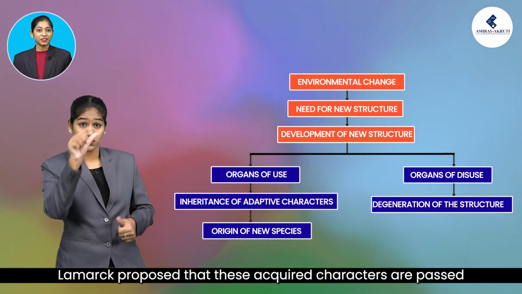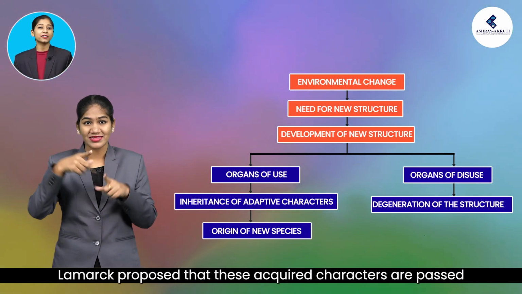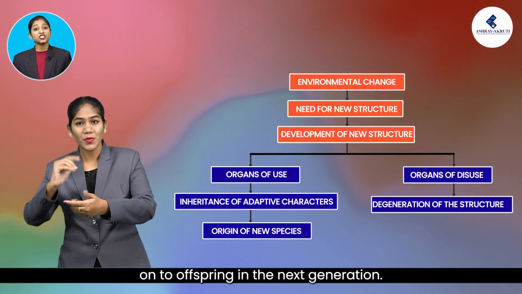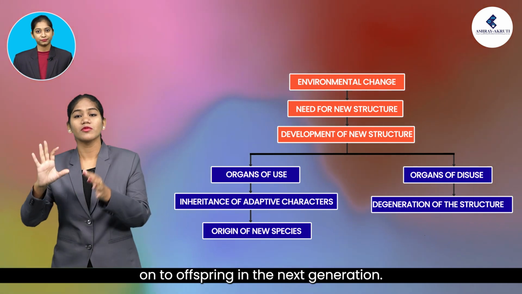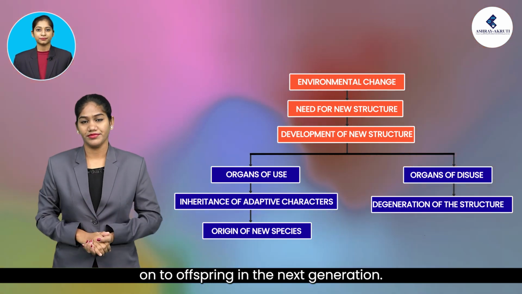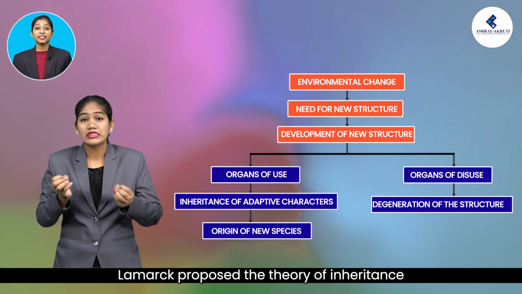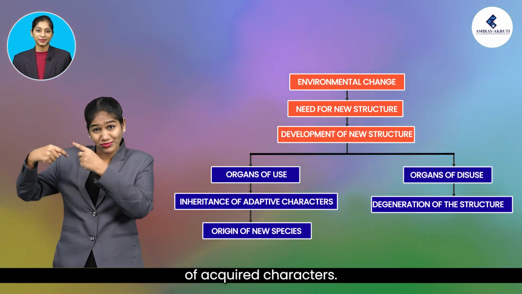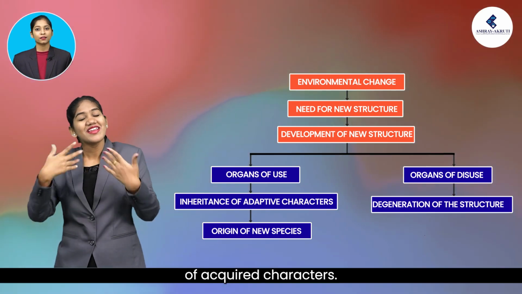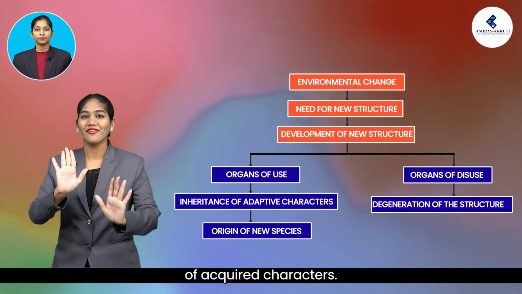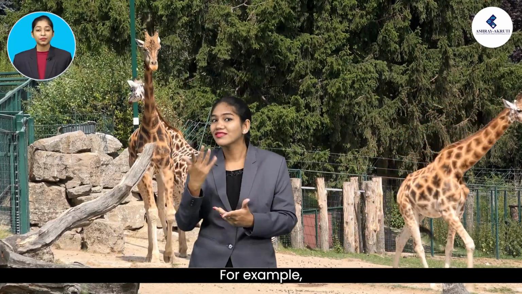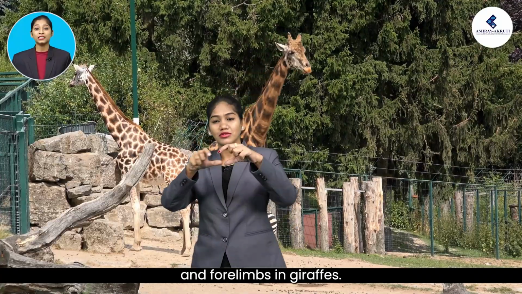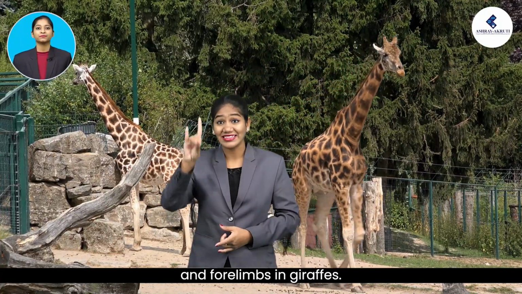Lamarck proposed that these acquired characters are passed on to offspring in the next generation. Lamarck proposed the theory of inheritance of acquired characters. For example, the elongation of the neck and forelimbs in giraffes.